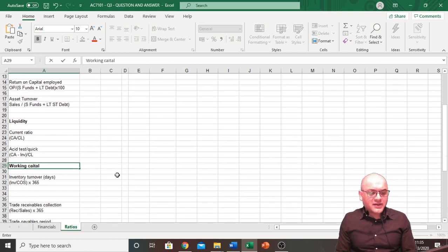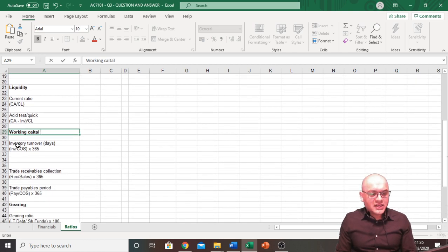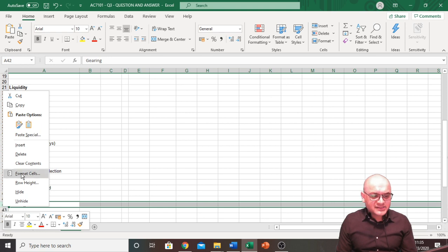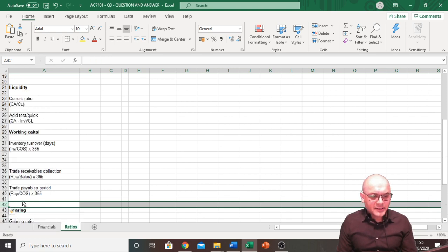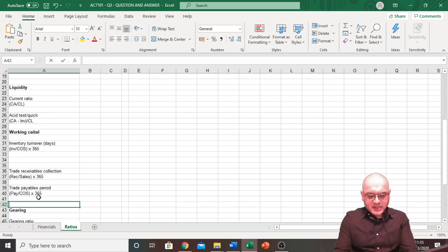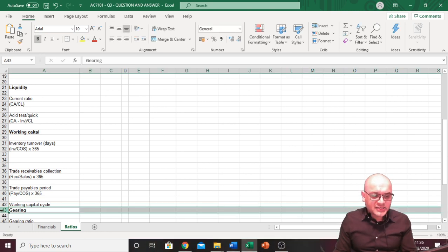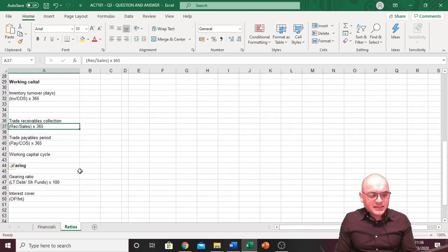And then for working capital ratios, we are considering inventory days, trade receivable days, and trade payable days, which then should give us something called working capital cycle, which we'll discuss later on as we go through. And lastly, gearing.